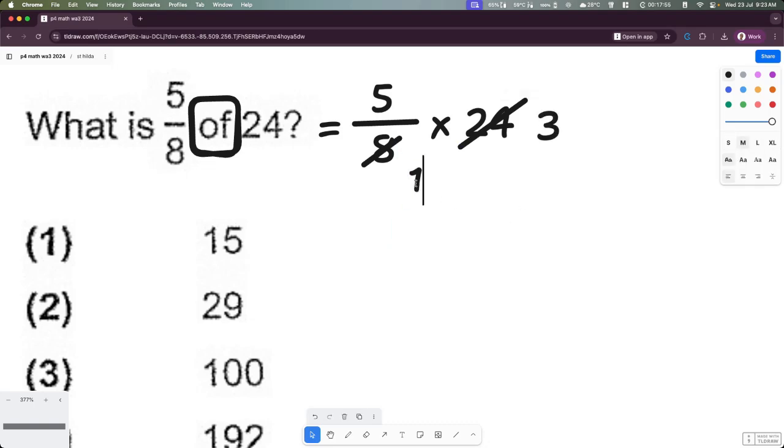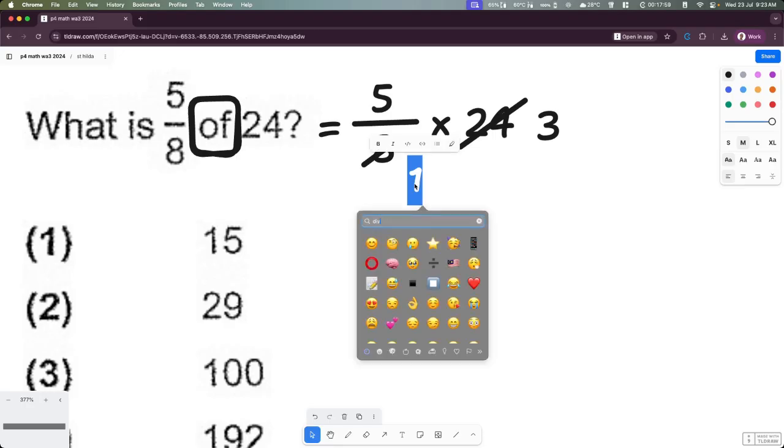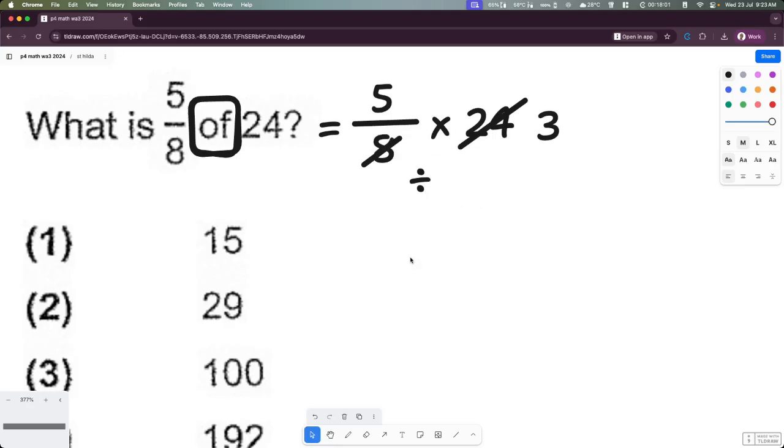So if I do it the proper way, we divide by 8 and we divide 24 by 8, which gives us 1 here, and 24 divided by 8 gives us 3.